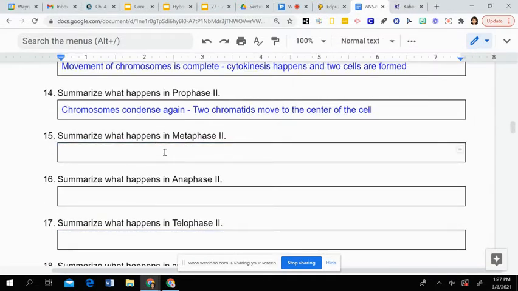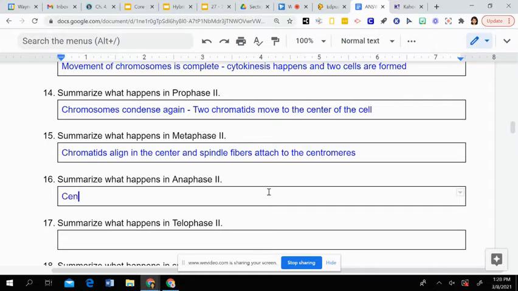Then metaphase 2, the chromatids align in the center and spindle fibers attach to the centromeres, which are what hold them in the center.